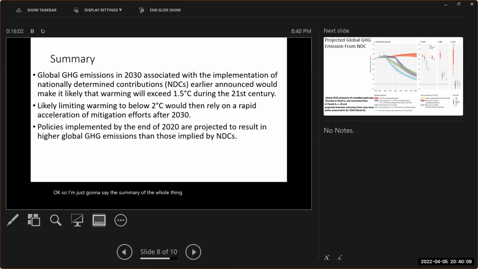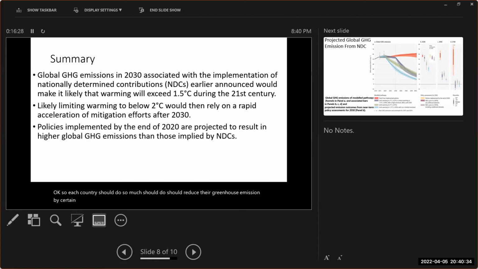So this is the summary. Global greenhouse gas emission in 2030 associated with the implementation of the nationally determined contribution. They came together at a time and decided that each country should reduce their greenhouse emission by a certain percentage.